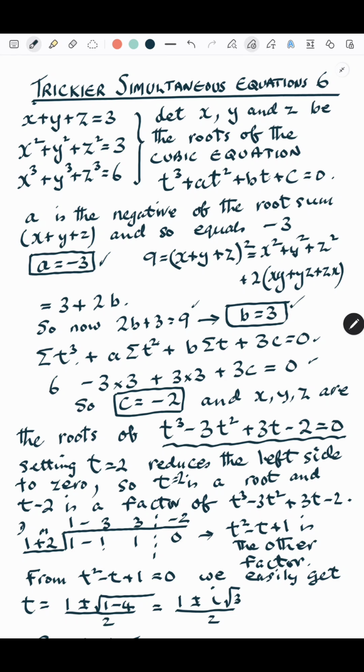And so from the equation t squared minus t plus 1 equals 0, we easily get, using the quadratic equation formula, t equals 1 plus or minus the square root of 1 minus 4, over 2, and that's equal to 1 plus or minus i root 3 over 2.